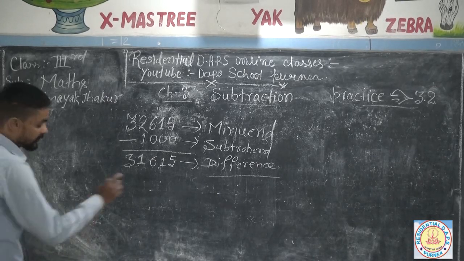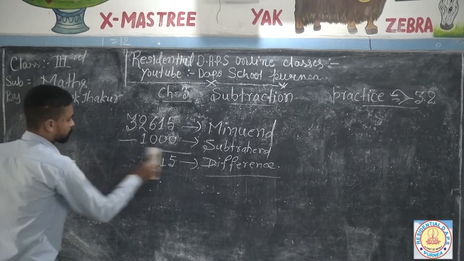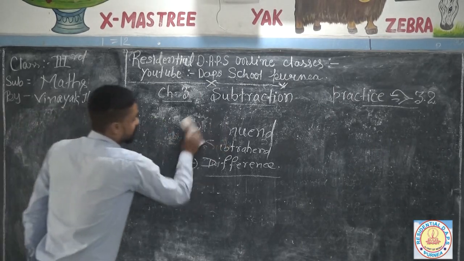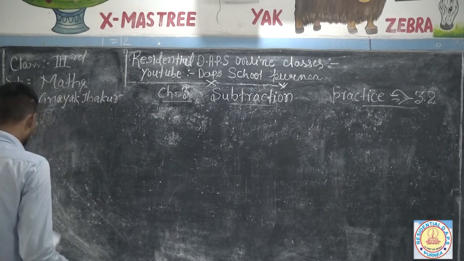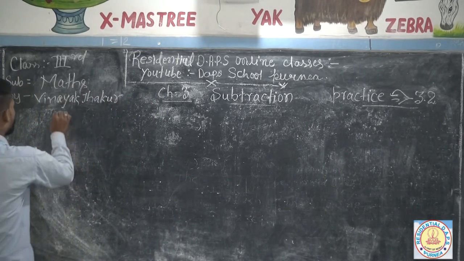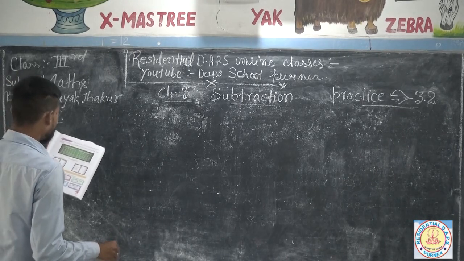You have to remember this point. This is a very important term. After that, I am going for your practice set 3.2. In your question number first, fill in the blanks using properties of subtraction.